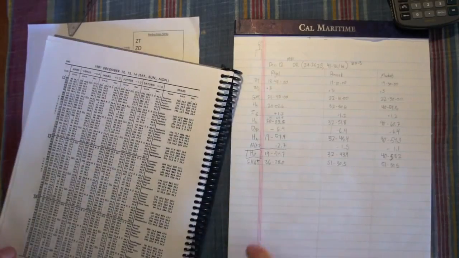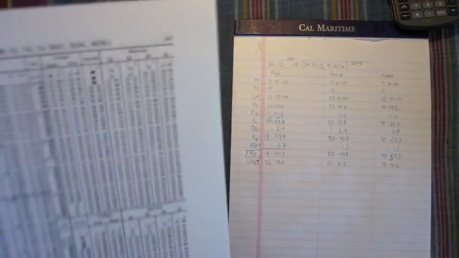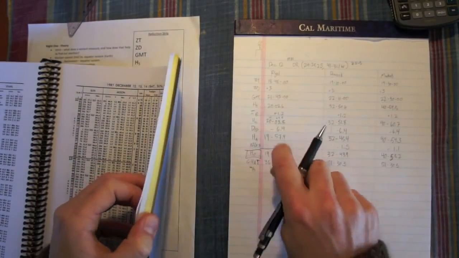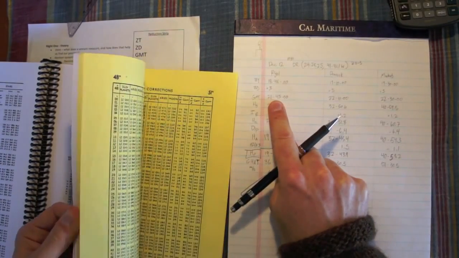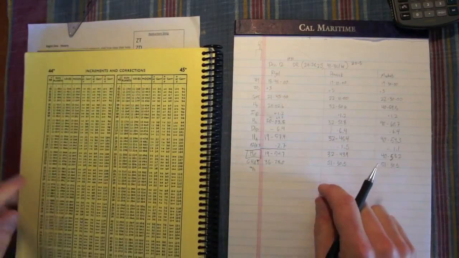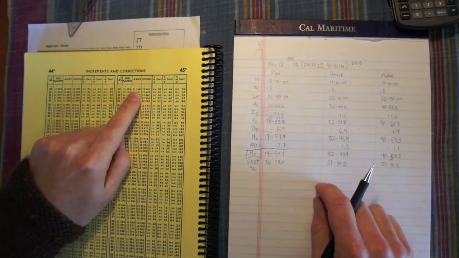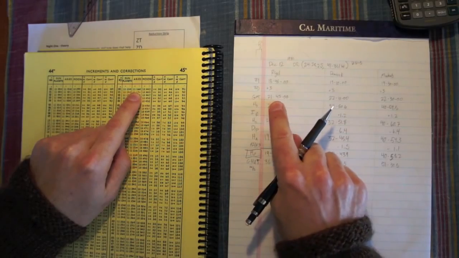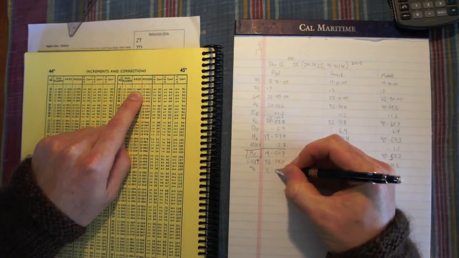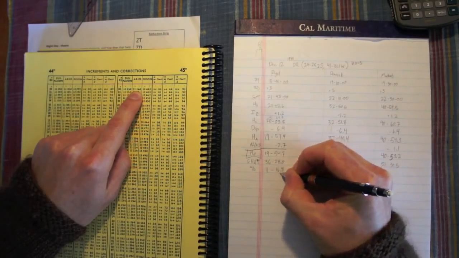So now I go back into the minutes and seconds, and 45 minutes. Aries, 45 minutes, 0 seconds, right there. 11 degrees, 16.8.